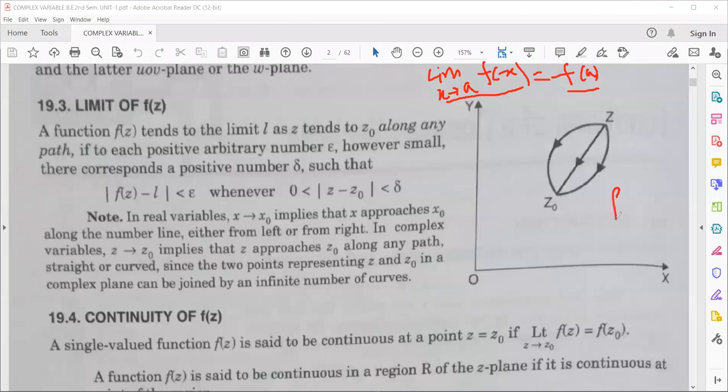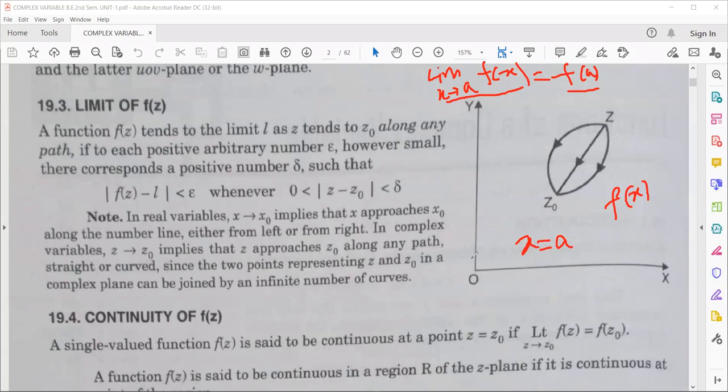That means you have a function f(x), and you are going to check its continuity at the point x is equal to a.